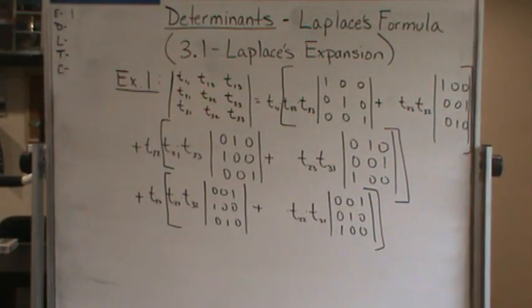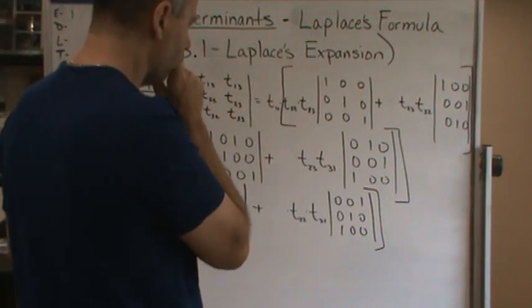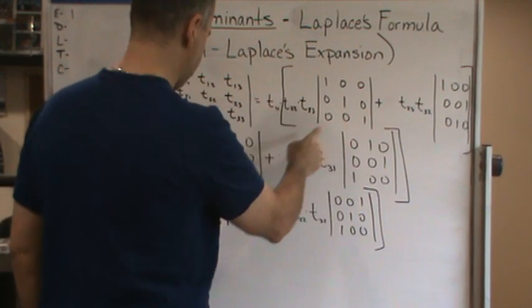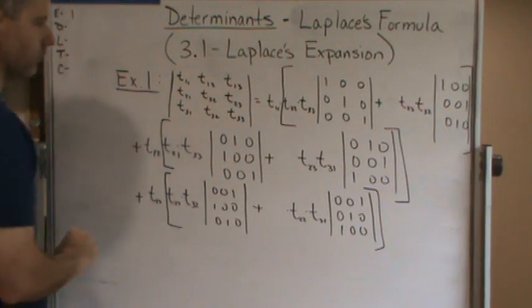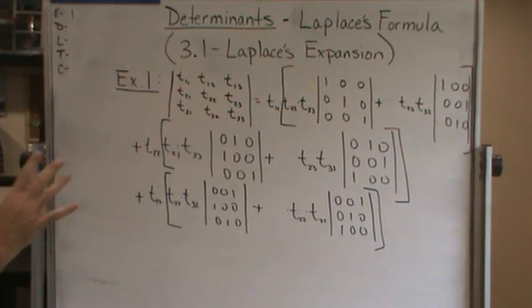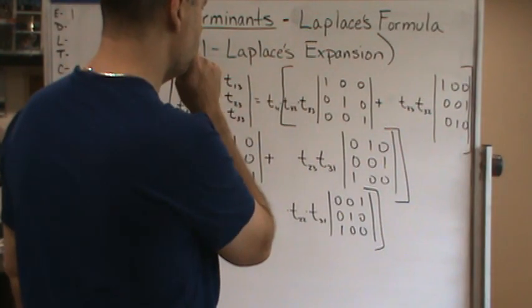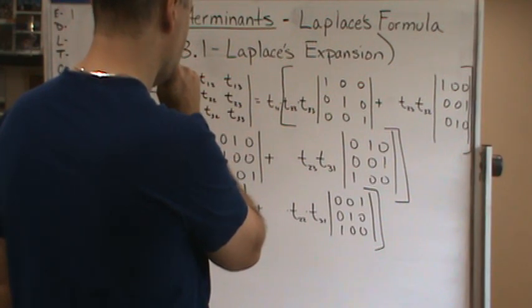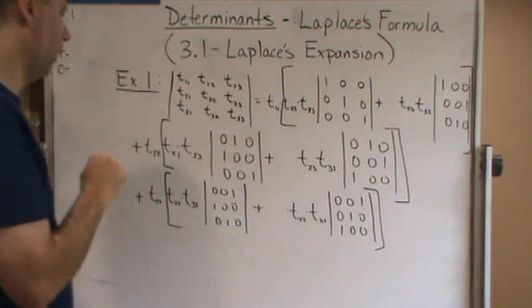Okay, so now once we factor out the first row in each of these groups, what we're going to do is notice that the first term in each of these, well, okay, before we do that, I want to swap rows.